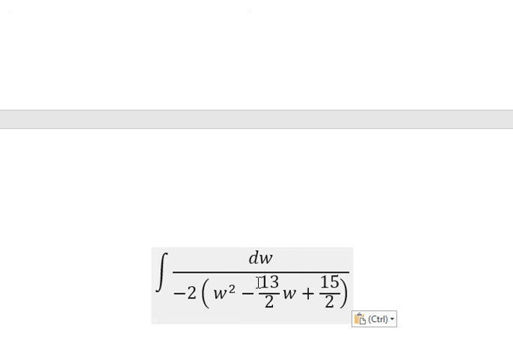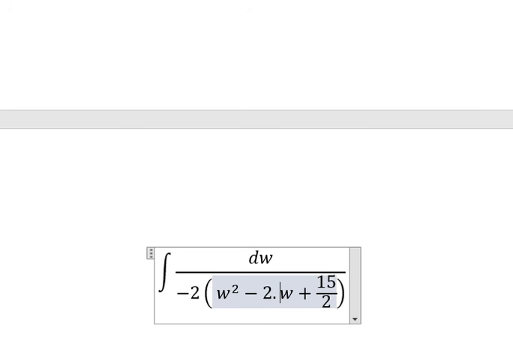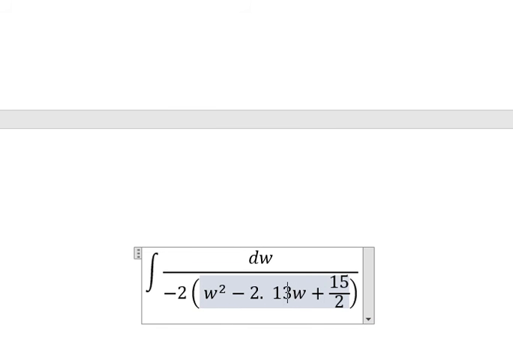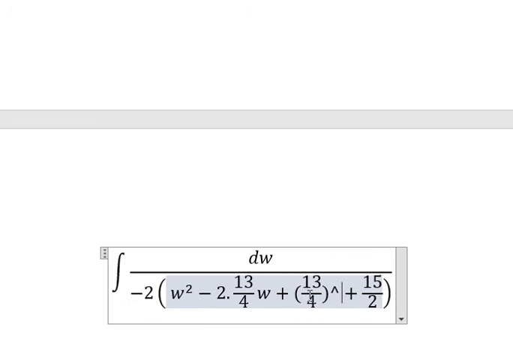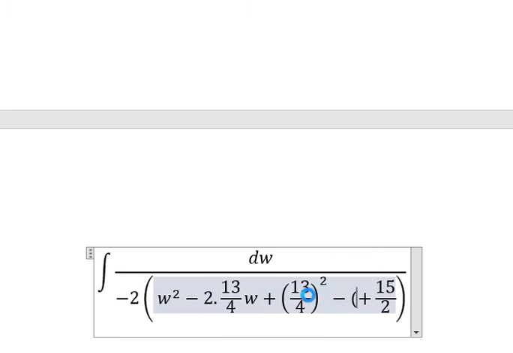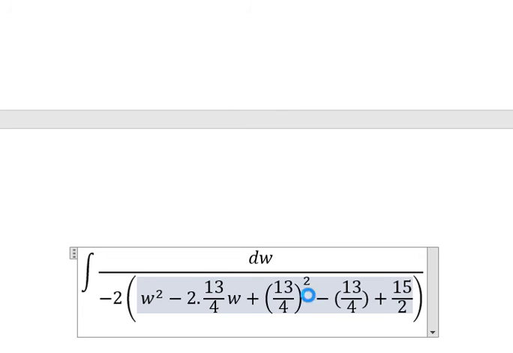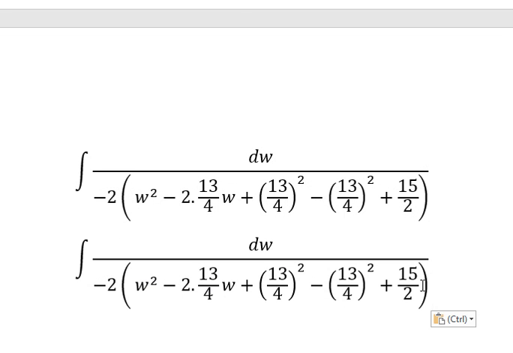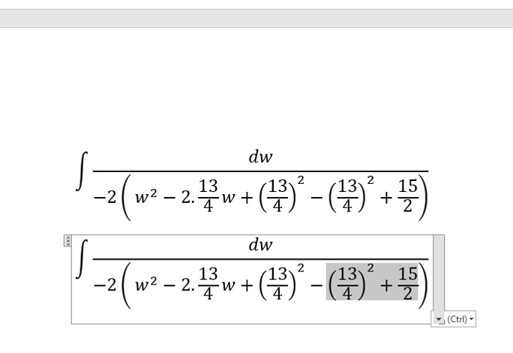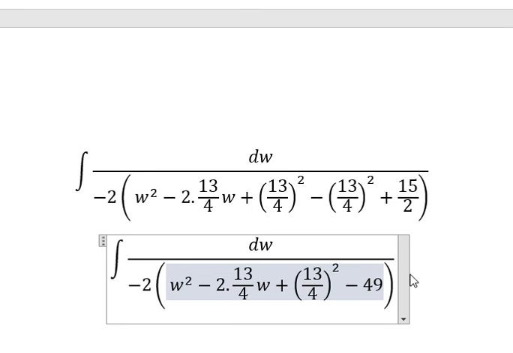So 13 over 2, that's number 2 multiplied by 13 over 4. So this one we need to add 13 over 4 square. Later we need to minus 13 over 4 square. So this one in here, you will get negative 49 over 16. Because I want to create an identity in here.